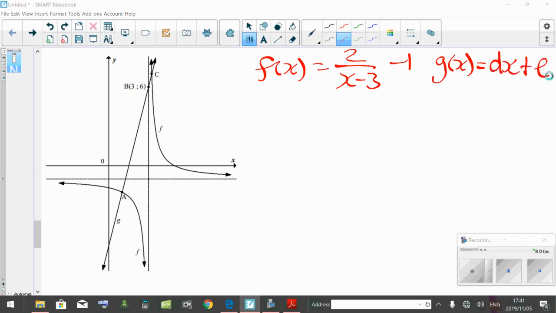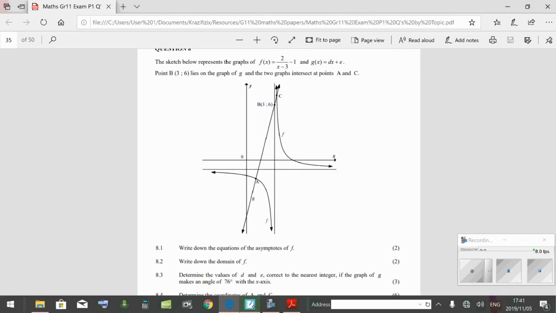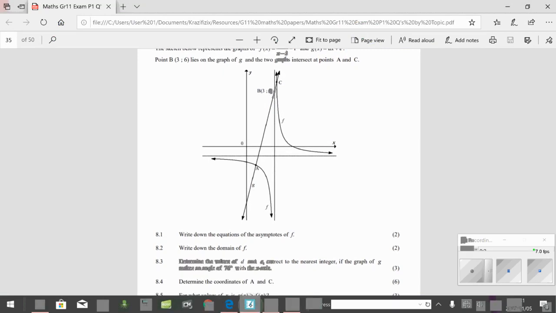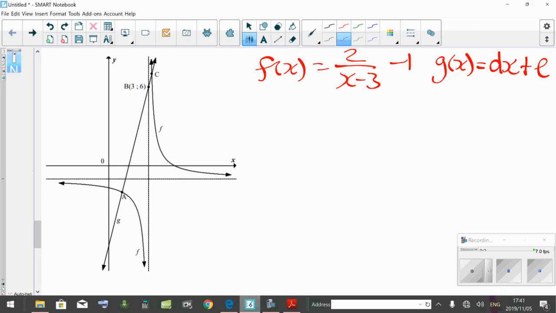Let's quickly confirm. Yes. Now we are told that the two graphs intersect at points A and C. That's a point there, and that point is a point of intersection. And we know that at the point of intersection, f is equal to g.